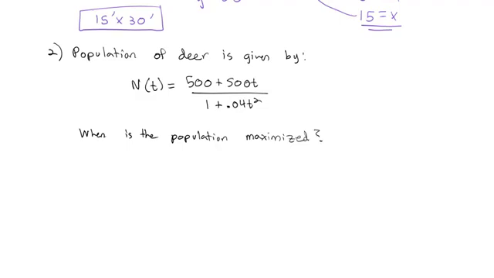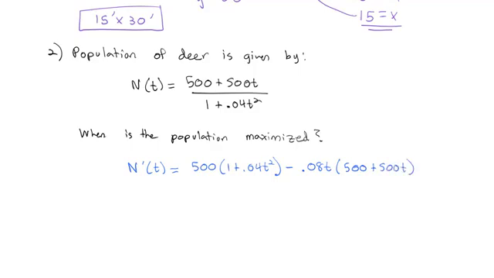Well, we know that maximum optimal point is going to occur when the derivative is equal to 0. So we'll find the derivative of our n function. We have a quotient, so we're going to use the quotient rule. Quotient rule says we take the derivative of the top, which is 500, times the bottom, minus the derivative of the bottom, which is 0.08t, times the top, 500 plus 500t.